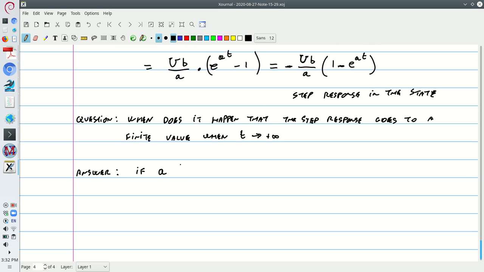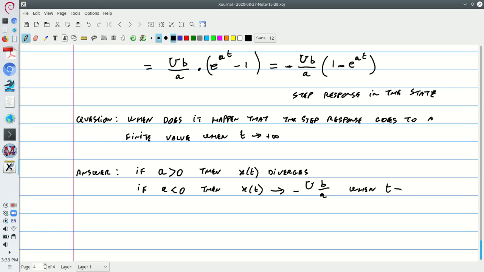If A is greater than 0, then x of t diverges. If A is less than 0, this exponential goes to 0, and so x of t converges to minus UB divided by A when t goes to infinity.